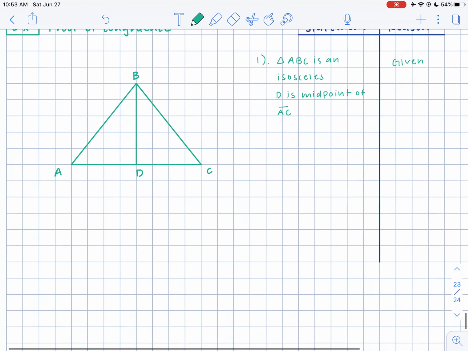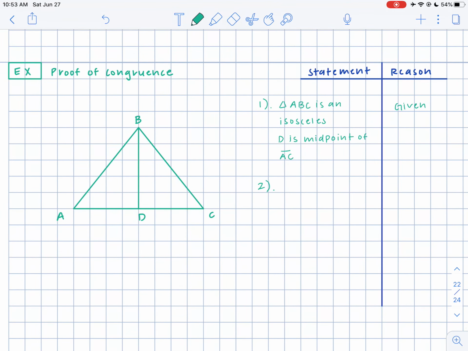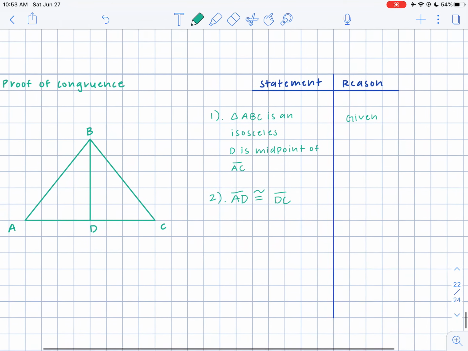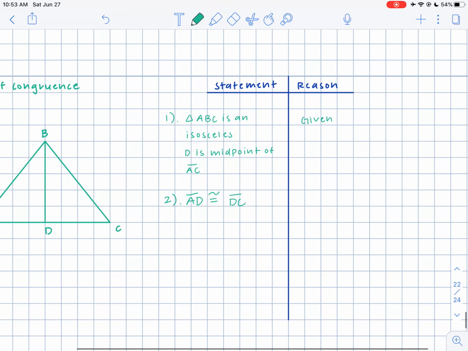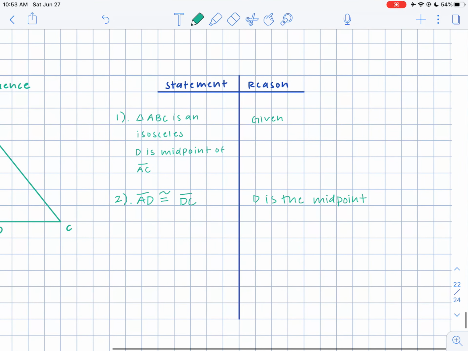So what can we conclude based on what we were just given? We can actually conclude that segment AD is congruent to segment DC. And how can we conclude that? Because we already know that D is the midpoint, and we learned previously that a midpoint will cut a segment into two equal parts.